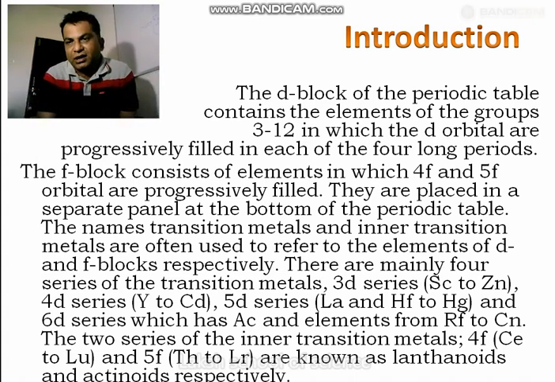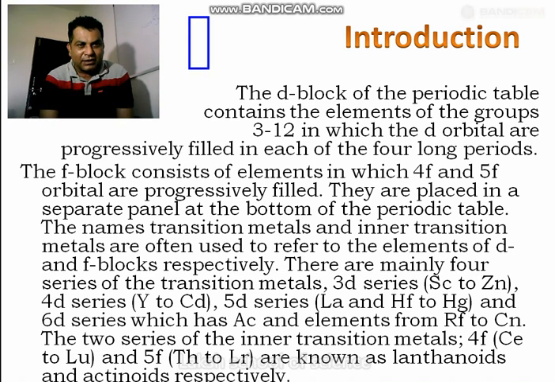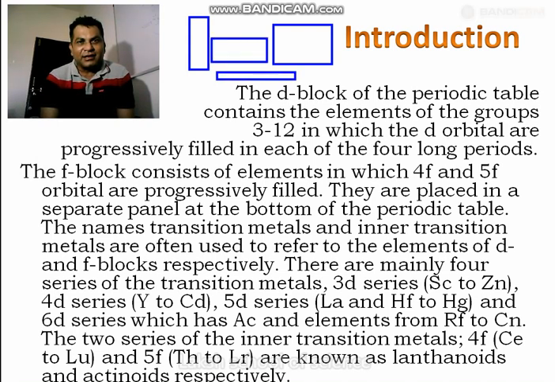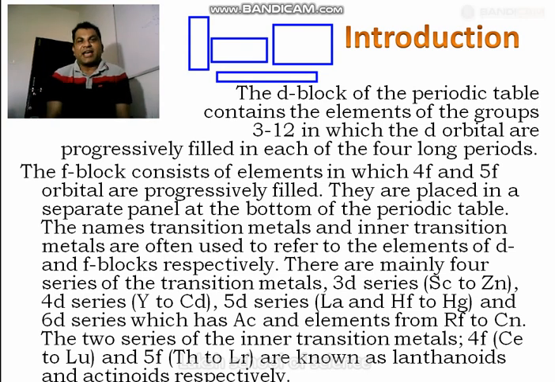They are kept separate. You know, if we draw the flow chart of the periodic table, then the periodic table should be drawn like this. Here first the S block, then here we have the slightly heavier P block, and then in between we have the F block, and here the D block and F block.